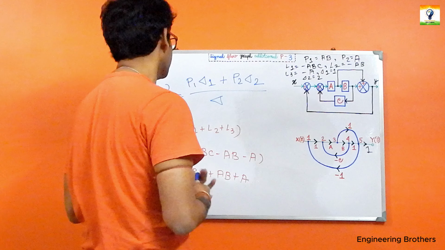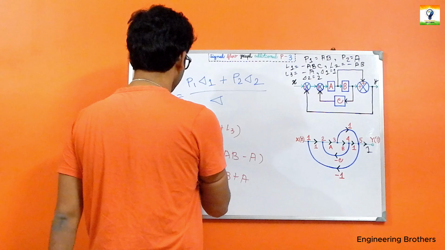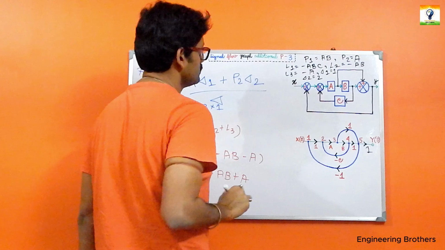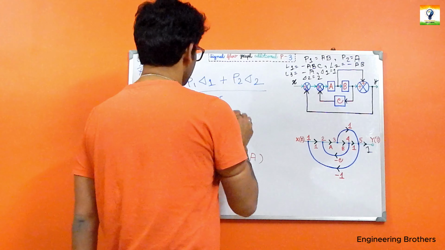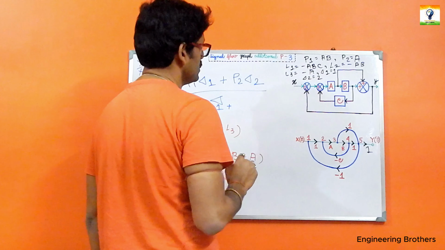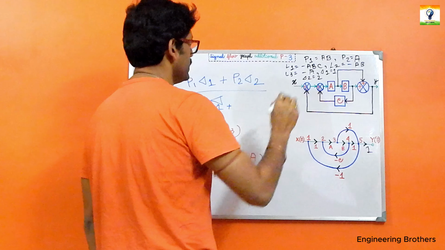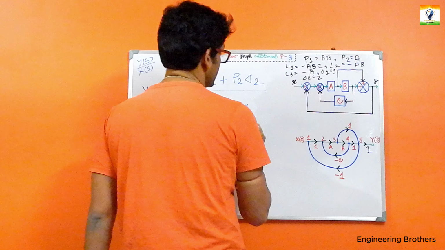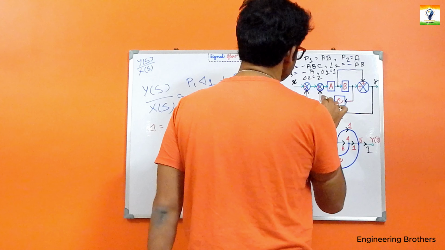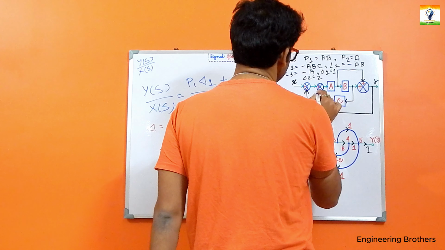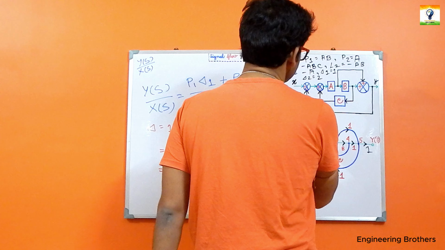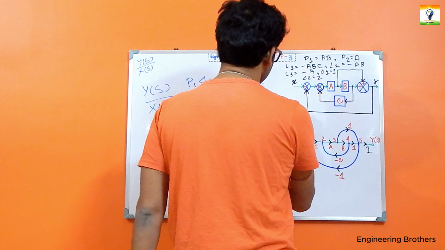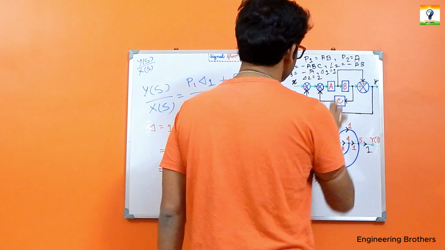Quite naturally, the expression for our P1 will be AB, and the expression for our delta 1 will be 1. Now the next one should be P2. The expression for our P2 will be A, and the expression for our delta 2 will be once again 1.